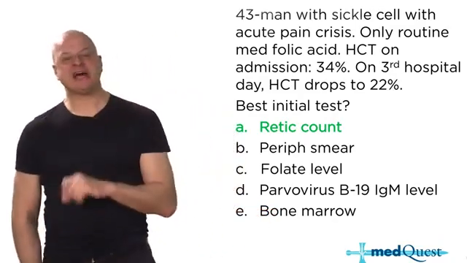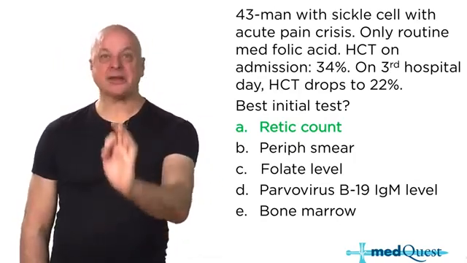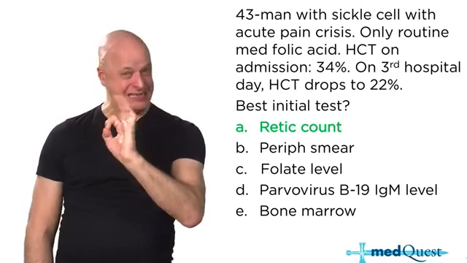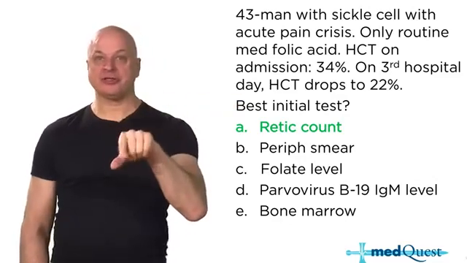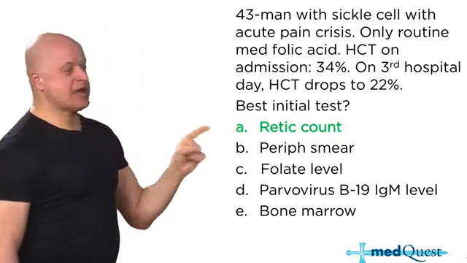But what do you test first to say, is this a pancytopenia based on aplasia without growth? Well, what should you find on reticulocytes when you have a person who's got sickle cell disease? All forms of hemolysis should have a high reticulocyte count, right? So if you don't have reticulocytes, it means your marrow is frozen.